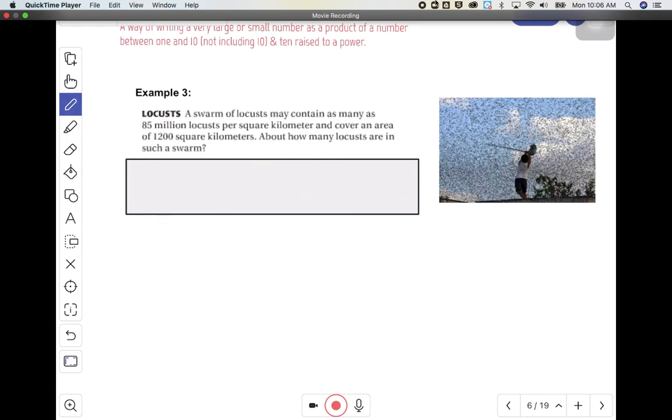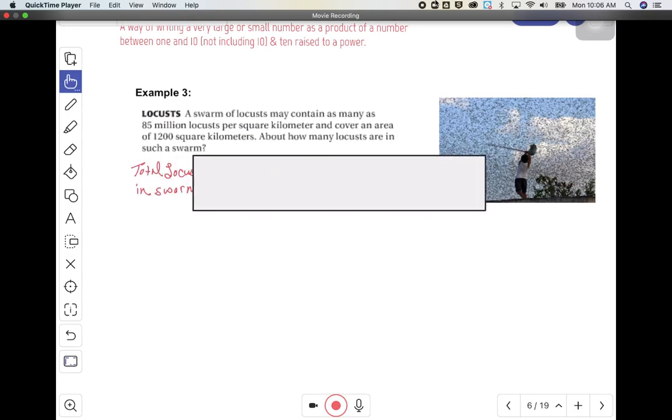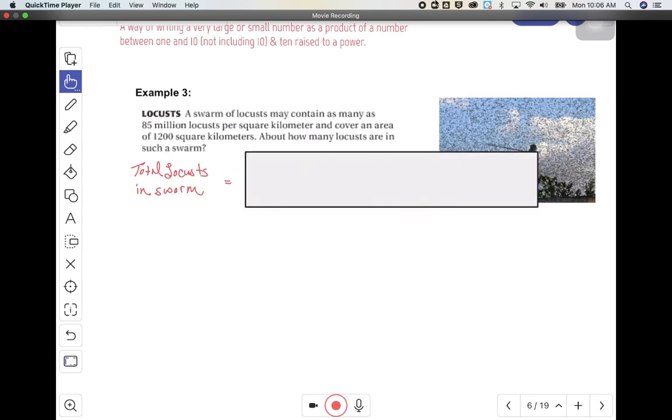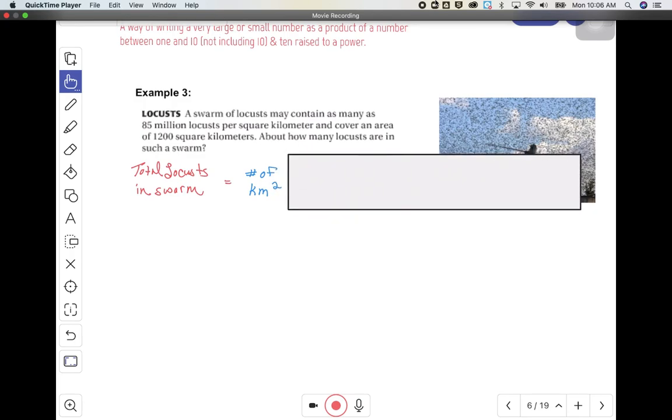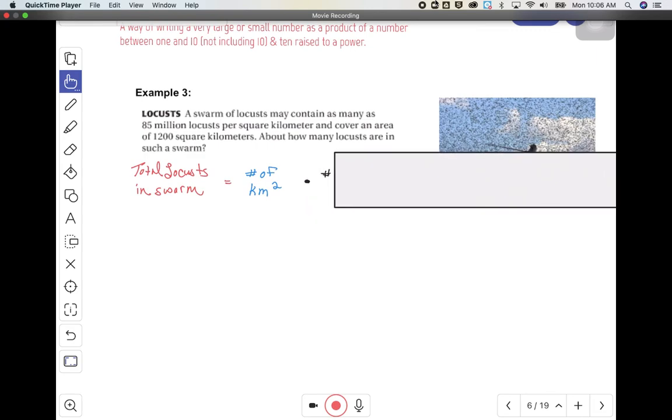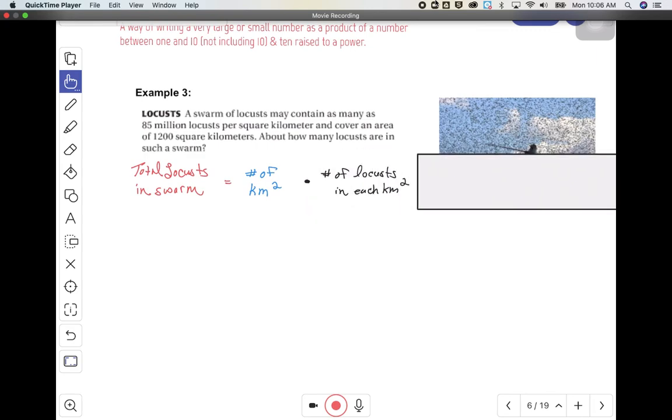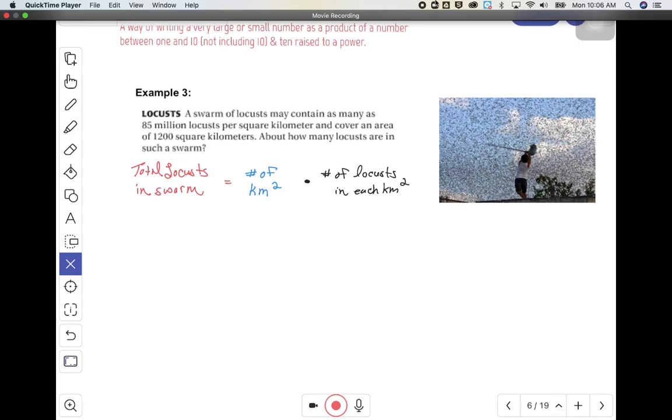Well, if I want to find the total number of locusts in this giant swarm, basically I'm going to have to multiply two values together. I'm going to have to multiply the number of square kilometers we actually have times the number of locusts in each of those square kilometers. That's how I would get the total number of locusts in this case.